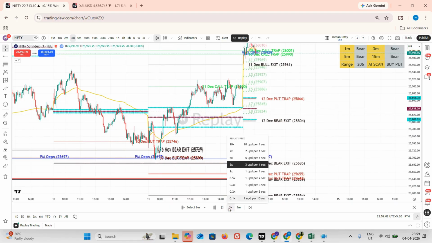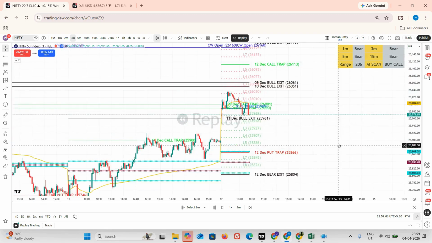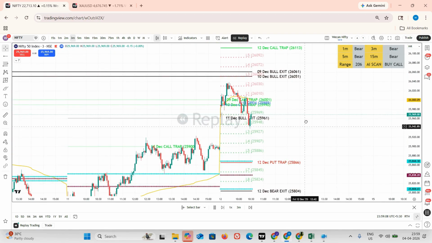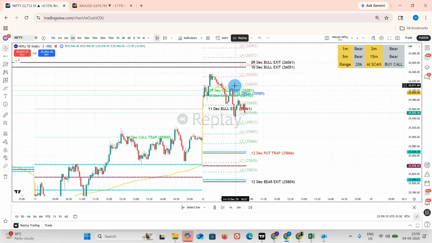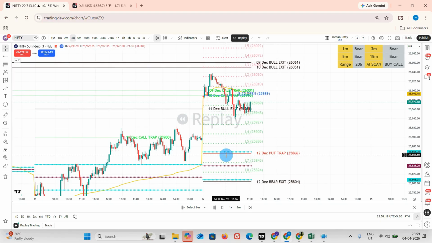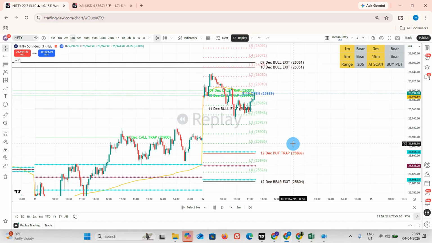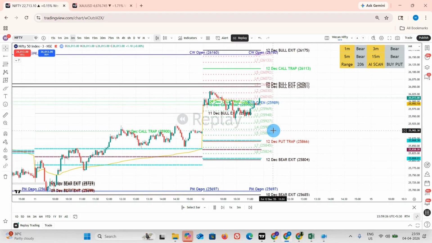Let me play with 1x. Let me show you. Along with this, we have VWAP as an additional confirmation tool, and we have the CPR. Normally the CPR and the open price act as a magnet.